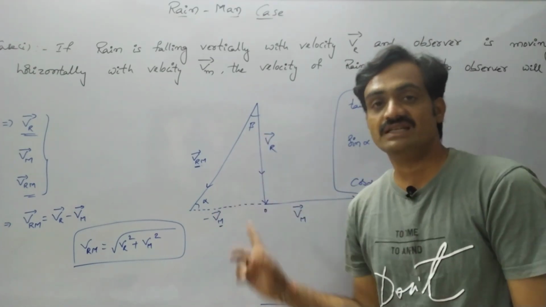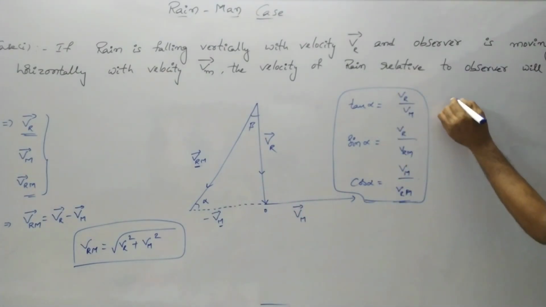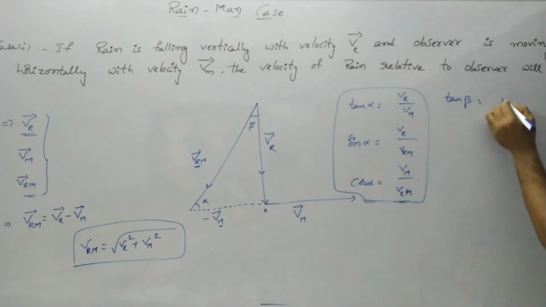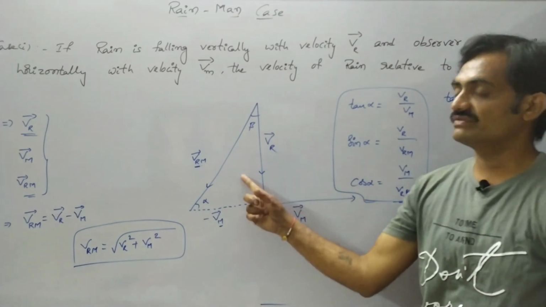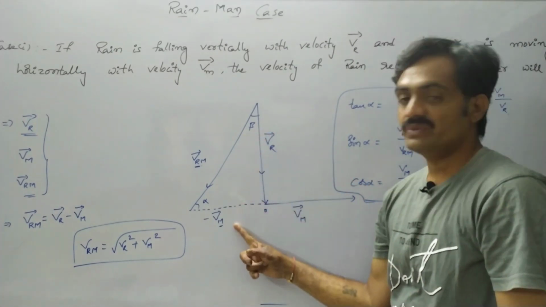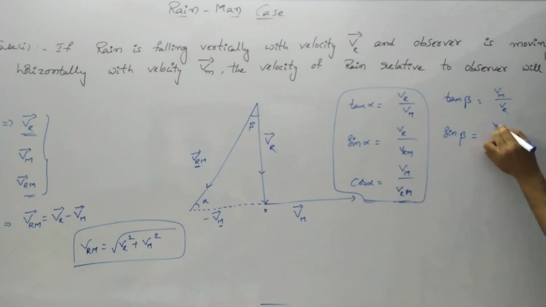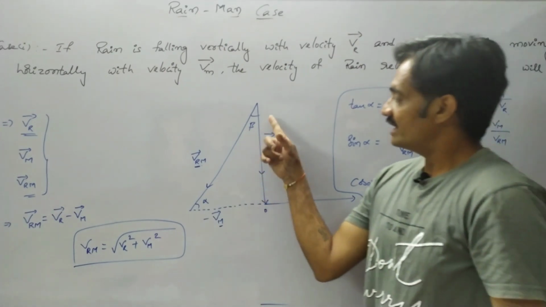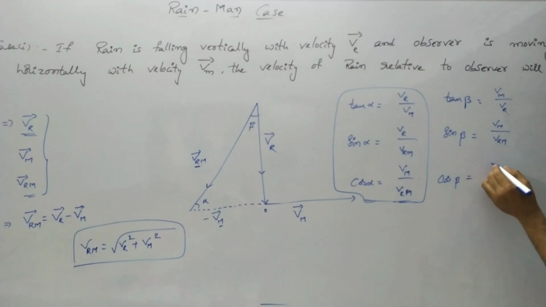So in this case tan beta equals the opposite side, nothing but the velocity of the man, by the velocity of the rain v suffix r, whereas sin beta equals the opposite side, nothing but the velocity of the man, by the velocity of the rain with respect to man, as well as cos beta equals the adjacent side, the velocity of the rain, by the velocity of the rain with respect to man.